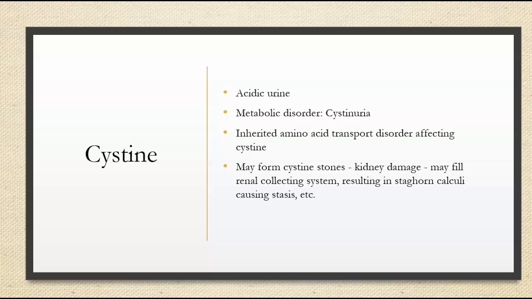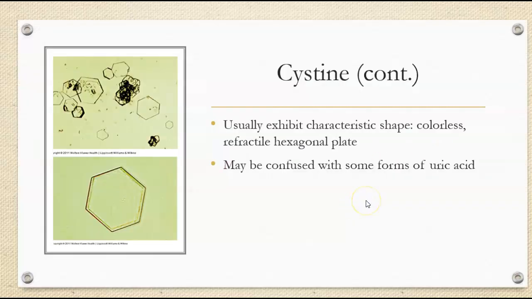It's an inherited amino acid transport disorder that specifically affects cystine. We can see cystine stones and kidney damage that can fill the renal collecting system, and we can see staghorn calculi that will cause renal stasis in these patients, among other things.